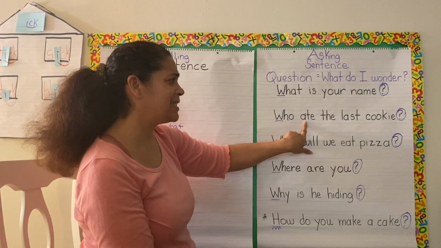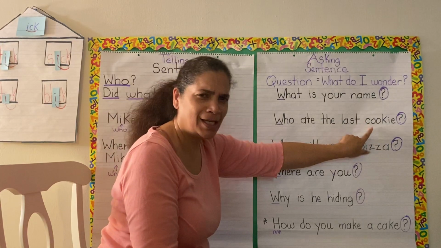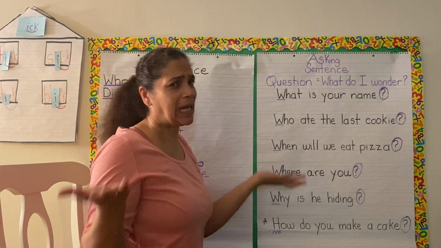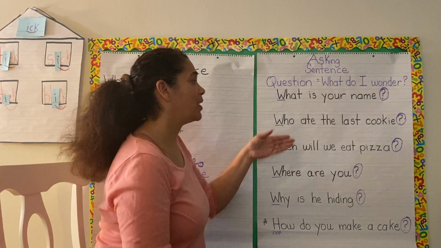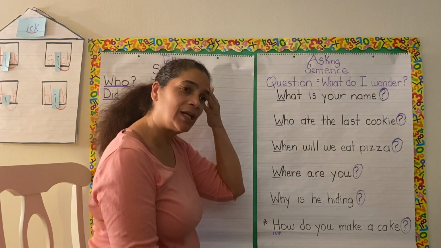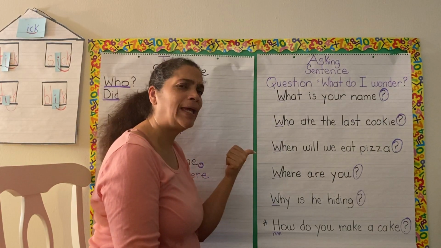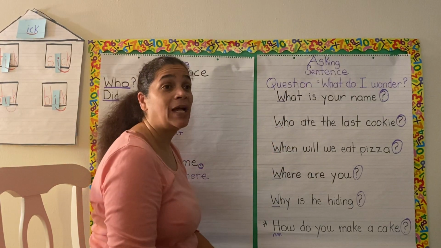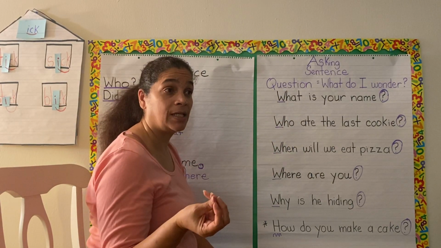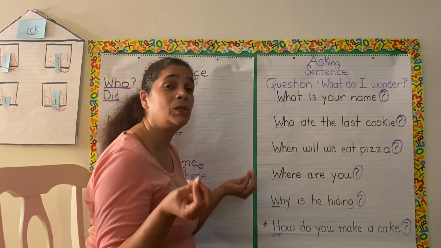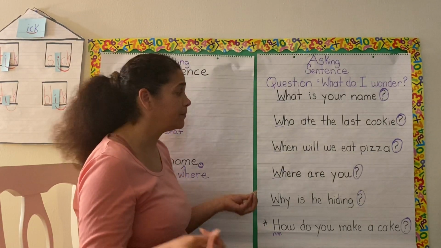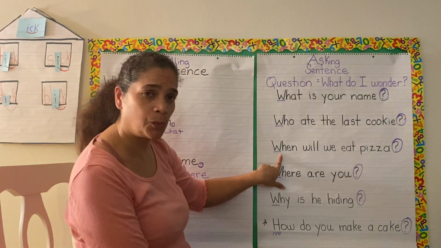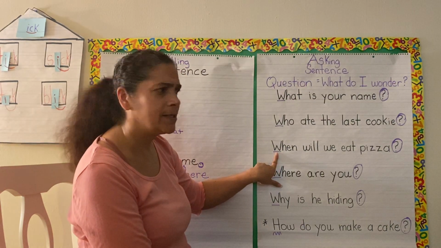Who ate the last cookie? Who ate the last cookie? So we're asking, we're wondering, hey, who ate the last cookie? So who indicates that we are asking about a person, right? We want to know who was the person who ate the last cookie. Our next question word is when.